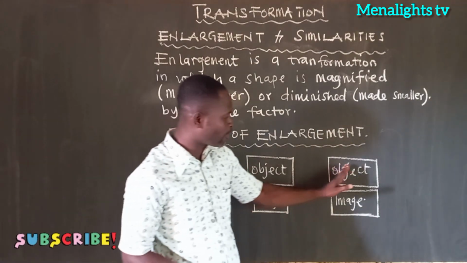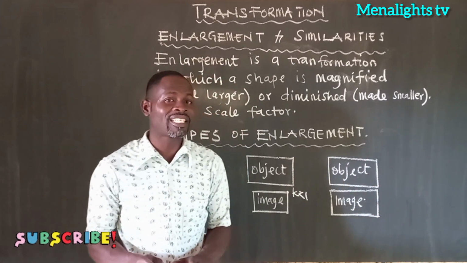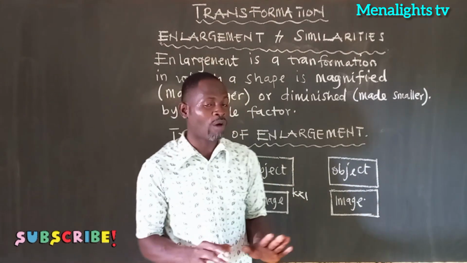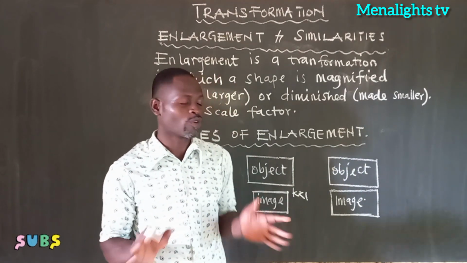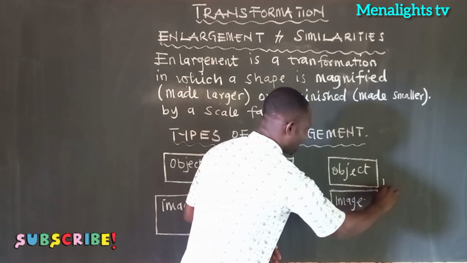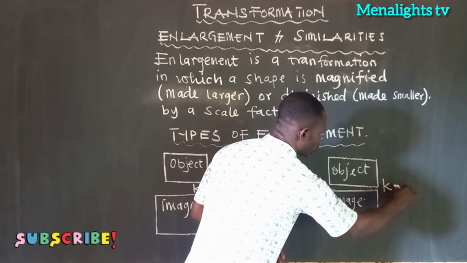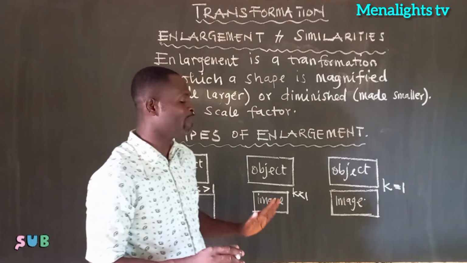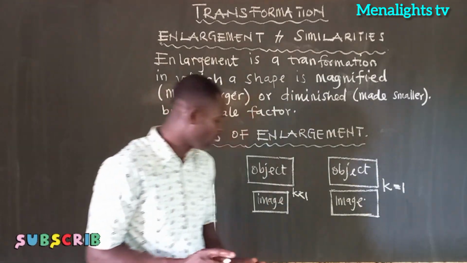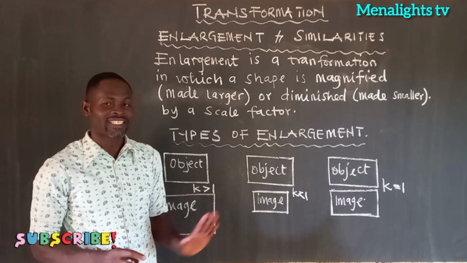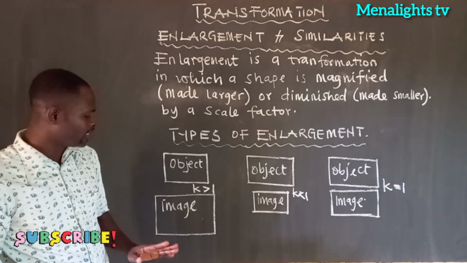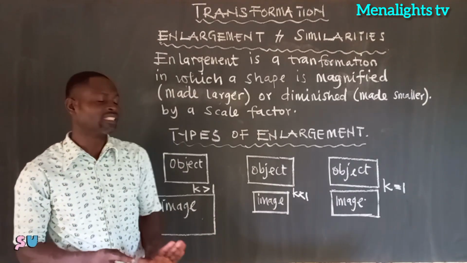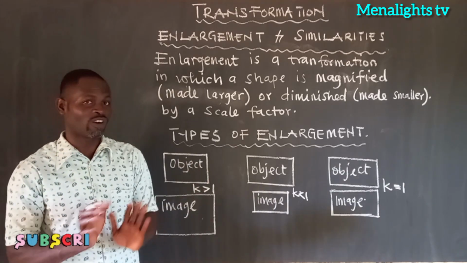Then we come to the third type of enlargement, in which the image and the object are the same. Here we can say that the scale factor K is equal to 1. Let's go over again. If the scale factor is greater than 1, the image is bigger than the object.